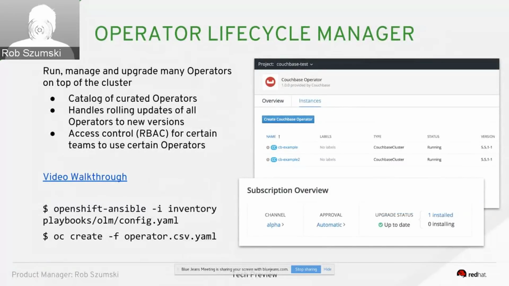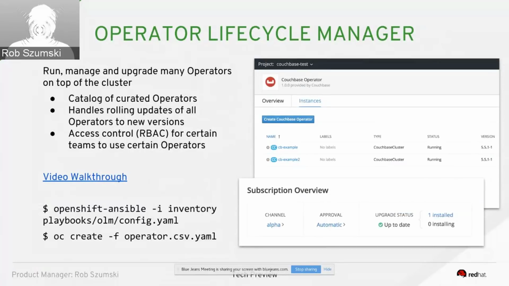So once you've built your operators, you need to hand it off and run it on a cluster, or more likely a set of clusters. So we have in Tech Preview in 3.11 the Operator Lifecycle Manager. Now this is the place for you to do rolling updates and deployments of a number of operators. Say you're running 1,000 operators on a cluster. As you have a number of teams, they can have access control to use certain types of operators. So if you've got a team that you want to be able to use MongoDB, you can install that operator on the cluster and make it available into their project.